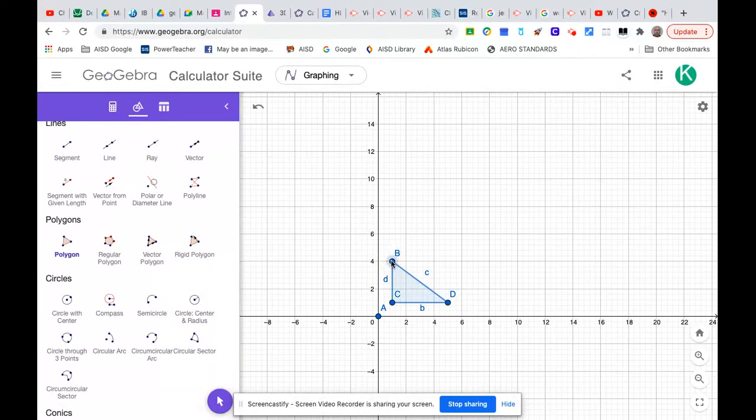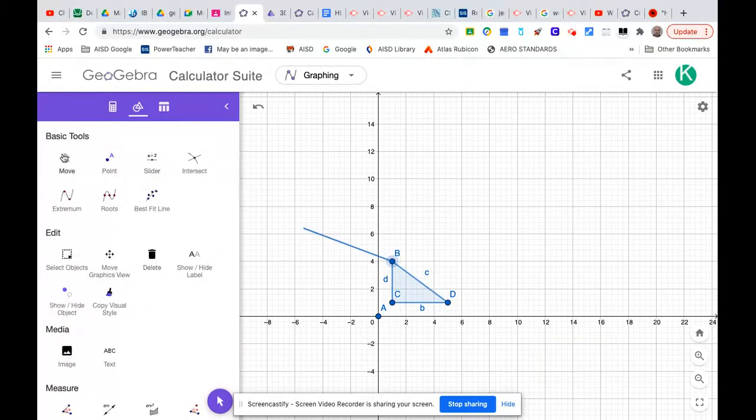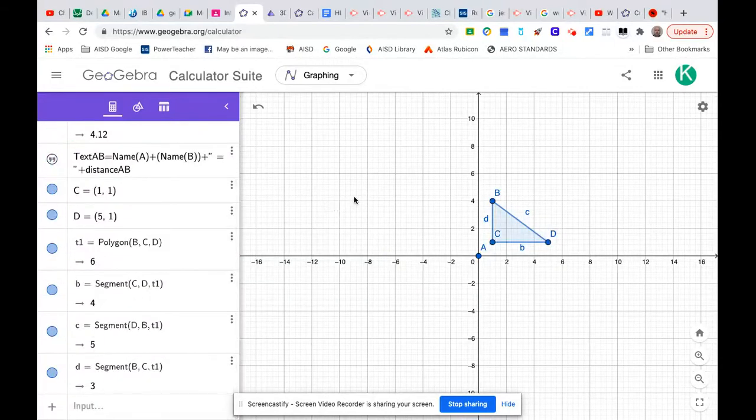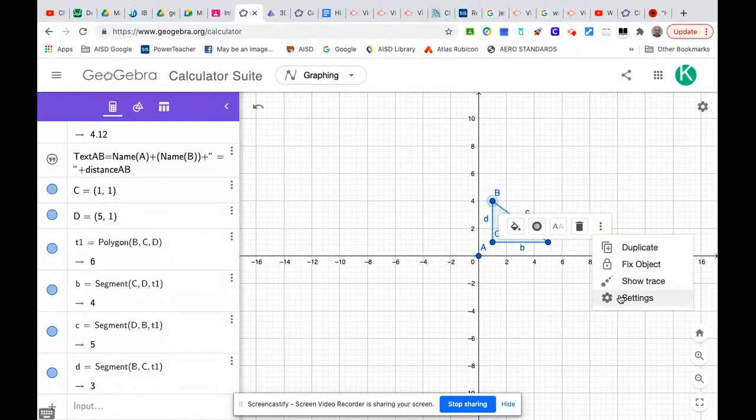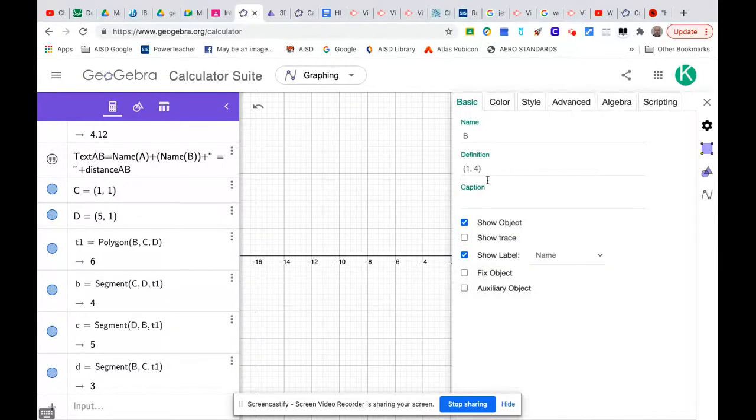Let's go back to move, take that out of there. Let's highlight the 3 points. I just want to see the coordinates. So let's go to the 3 dots, settings. I want to see, show label. Just show the value.